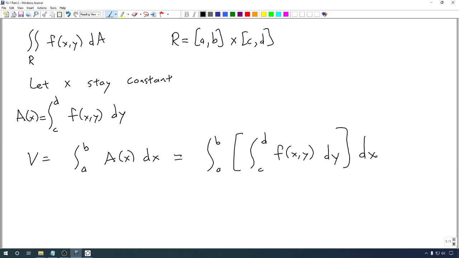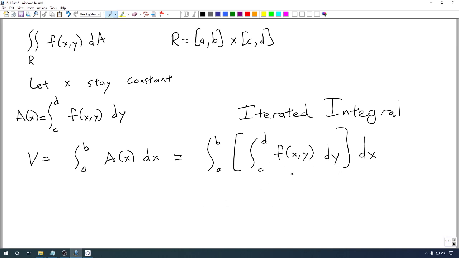The second integral is an integral over just x, and we end up with a number overall. This is what's frequently called an iterated integral. Meaning that we're doing it multiple times, multiple iterations.